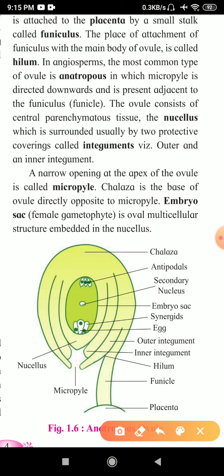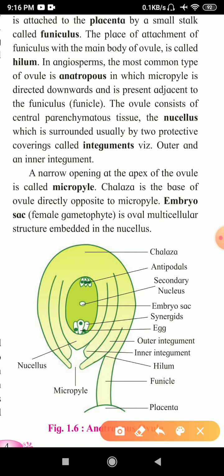The tissues present surrounding the embryo sac are called the nucellus. One of the cells of the nucellus develops to form the embryo sac, which is shown by the green color. Now inside the embryo sac, you can see there are 3 cells to the upside and 3 cells to the lower side.